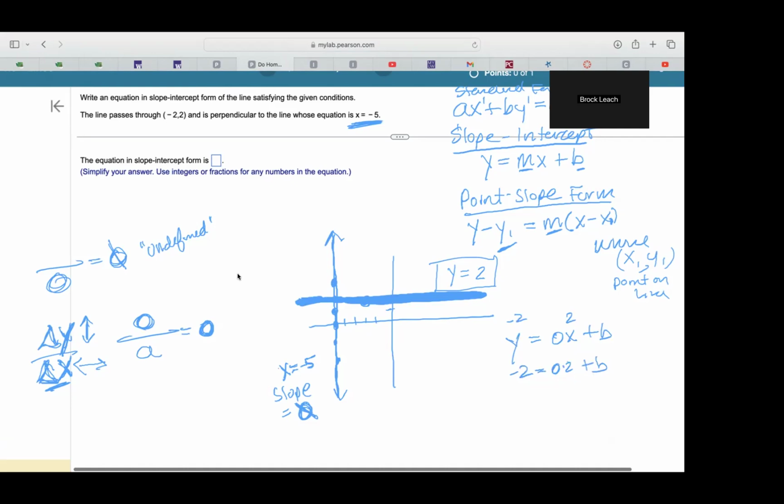So that tells me that b is -2. The y-intercept is -2. So in the slope-intercept formula, with the slope being 0, x plus -2, that cancels out, and I'm left with the equation y equals -2. So we can have a slope of 0, which says that we're not rising no matter how far we go. We're still at the same height.